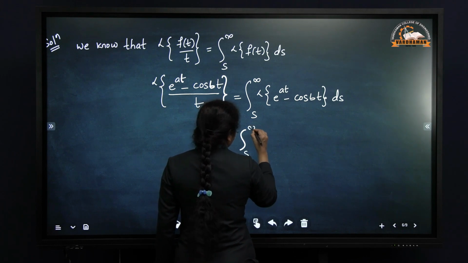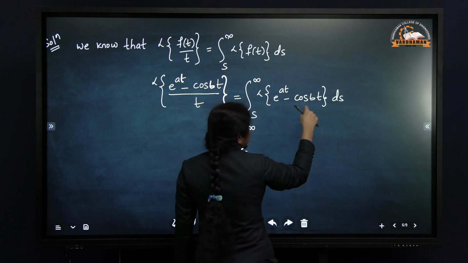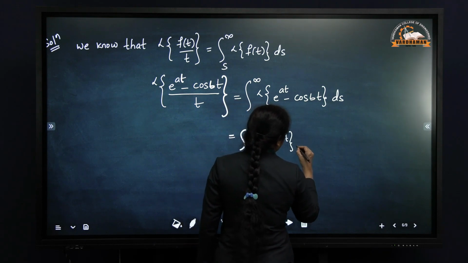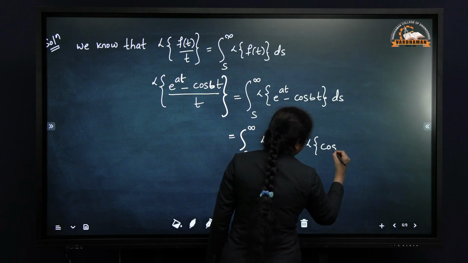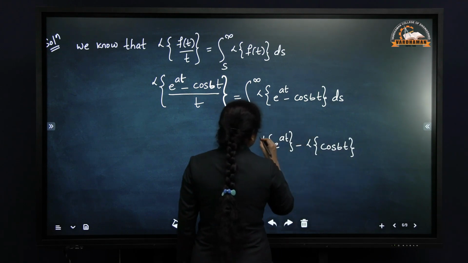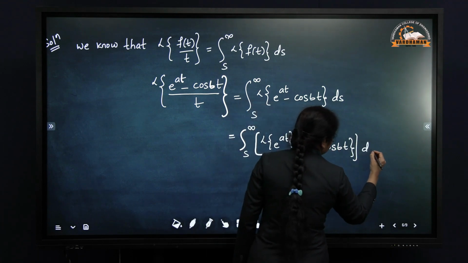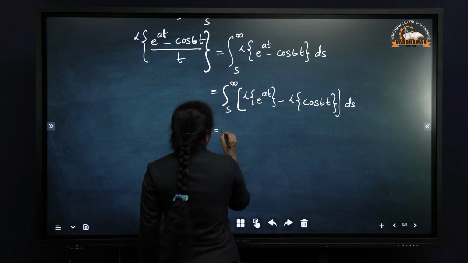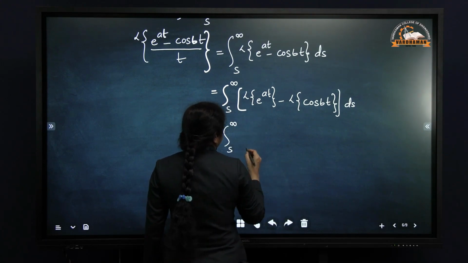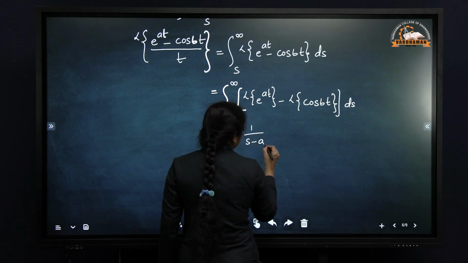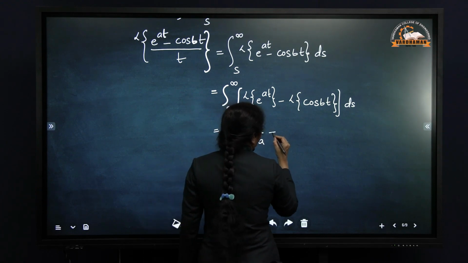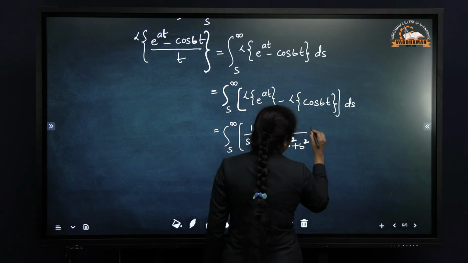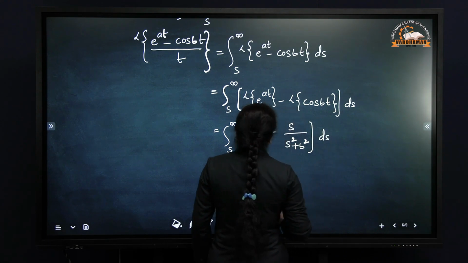Now using the linearity property of the Laplace transform, this integrand can be written as L of e power at minus L of cos bt, ds. So this equals the integration from s to infinity of L of e power at, which is 1 by s minus a, and L of cos bt, which is s by s square plus b square, ds.